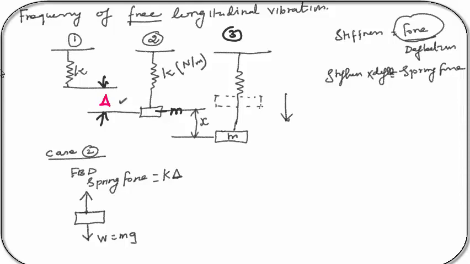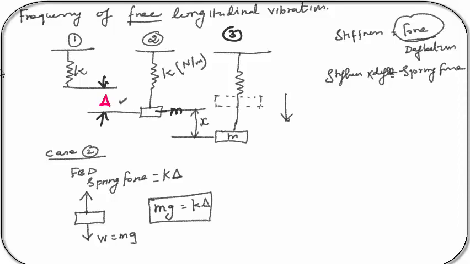Now the free body diagram for this system is completed. According to the equilibrium condition, mg is equal to k delta. This is what we have got from the free body diagram of case 2. Here it is in equilibrium condition, so the force acting in the downwards direction is equal to the upward force. How do we find the spring force?